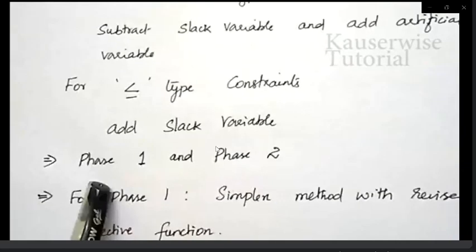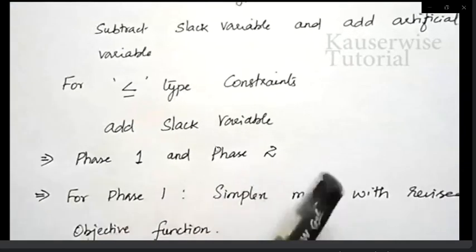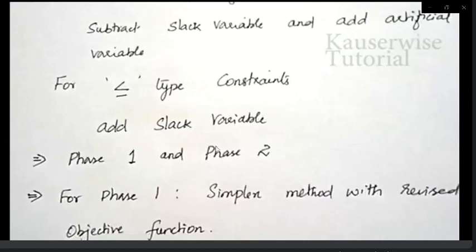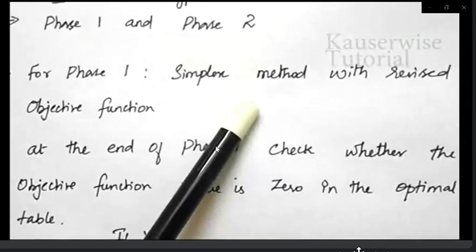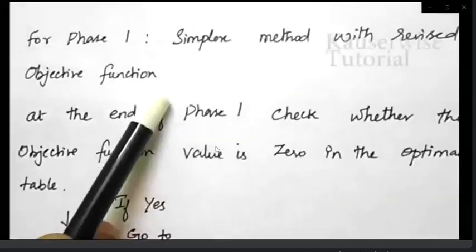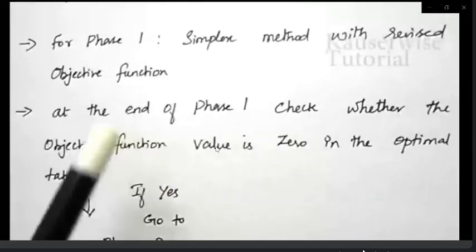The next point is that it has two phases, phase 1 and phase 2. For phase 1, we follow the same algorithm which we applied for the simplex method, but with the revised objective function. Initially we prepare the initial simplex table for phase 1 and apply the usual simplex method till optimality is reached.